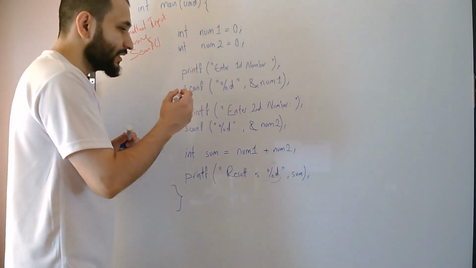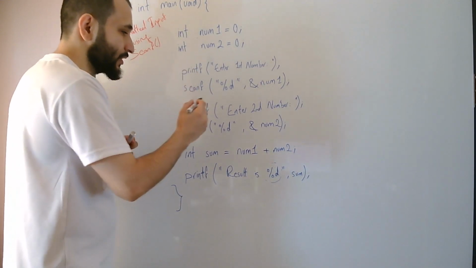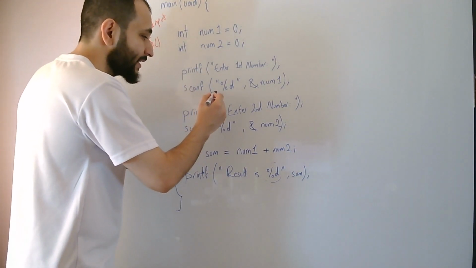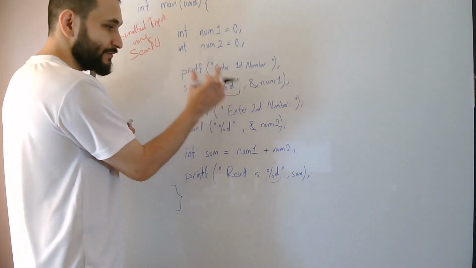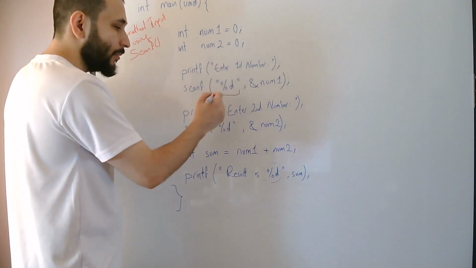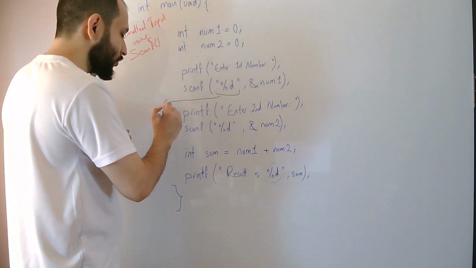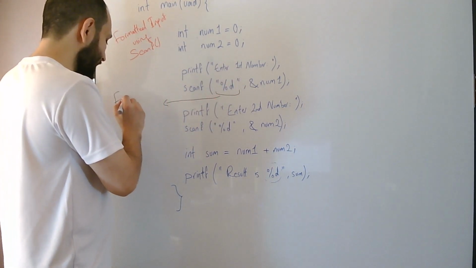This scanf statement is divided into two parts. The first part, before the comma, is called the format control string.